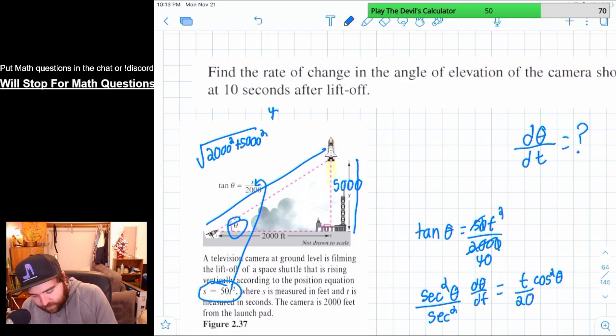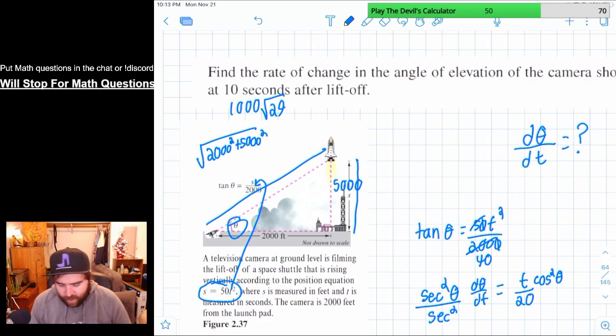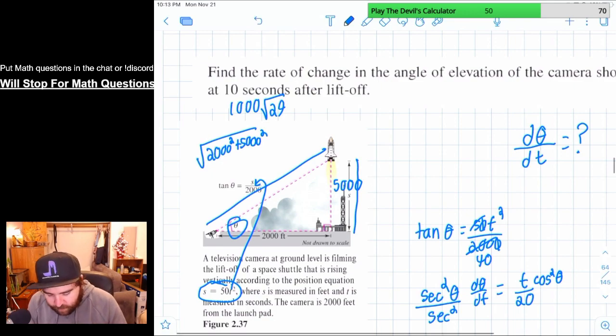So 4 with 6 zeros plus 25 with 6 zeros. So that's 29 with 6 zeros. So that's the square root of that. So that's 1,000 root 29. Oh, yeah, obviously. So that side's 1,000 root 29.